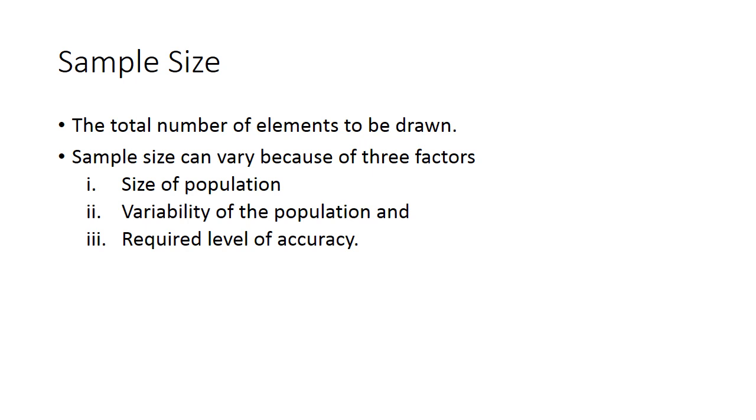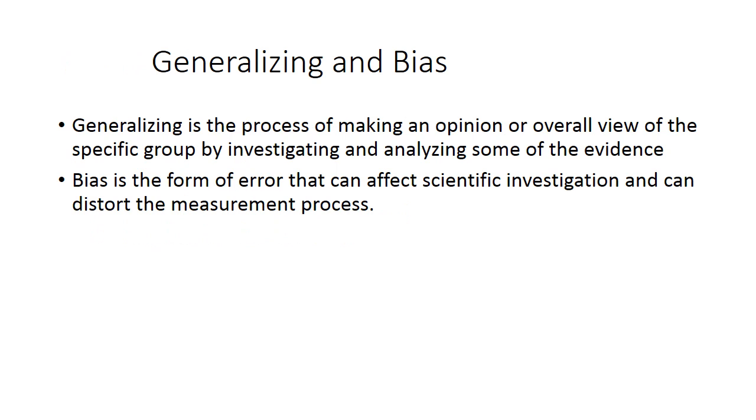If the size of the population is very big, for example 1,20,000, we cannot say that a sample size of 50 is appropriate. So, in order to have an accurate result, the sample size should be as large as possible. Variability of the population is yet another important factor, and if we require a higher level of accuracy, again the sample size should be accurately determined.